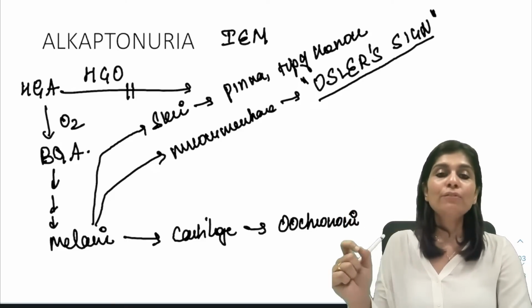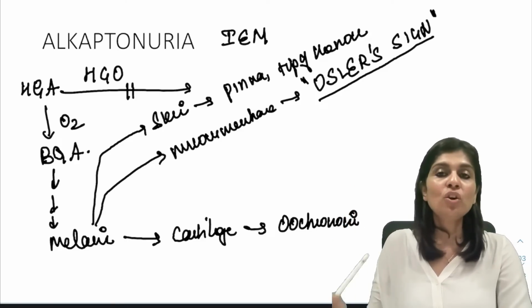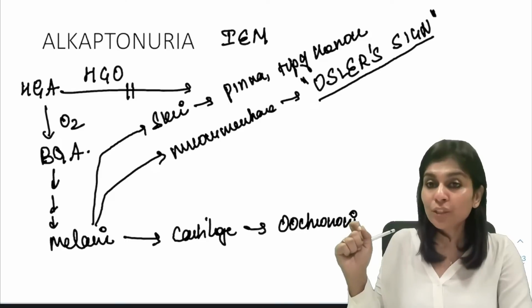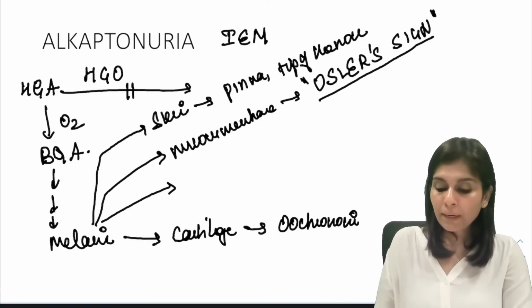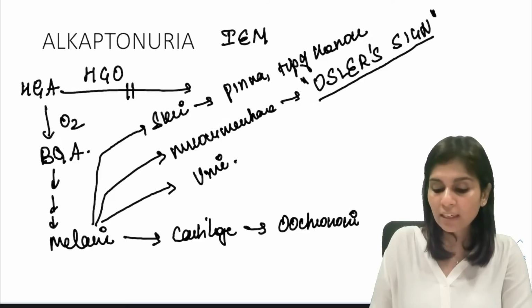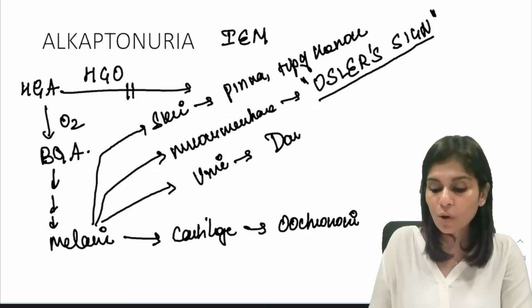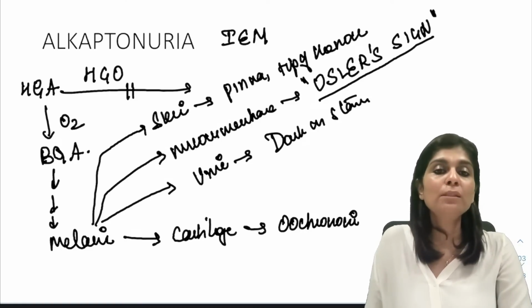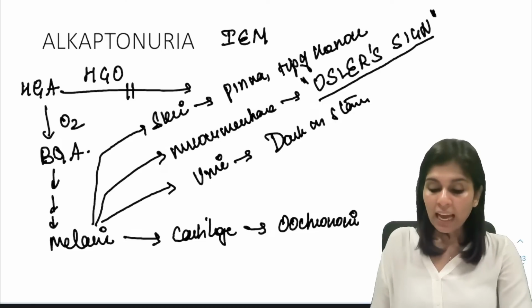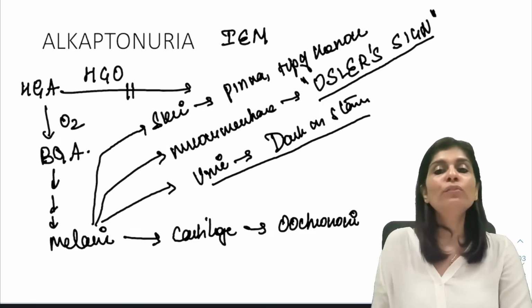The same melanin-like pigment accumulation in the urine is the reason for urine turning dark on standing. That is why the name alkaptonuria. Alkapton means black. Alkaptonuria is black urine disease wherein urine turns dark on standing, and that will be the first symptom of alkaptonuria.